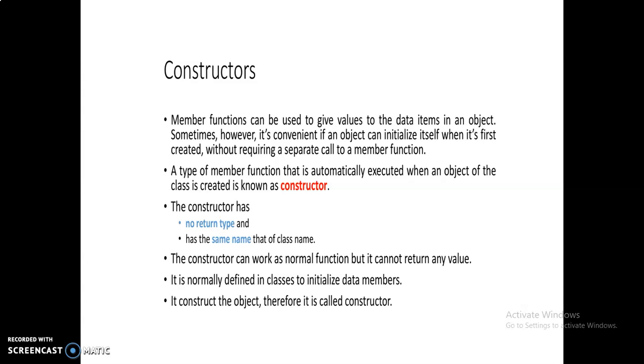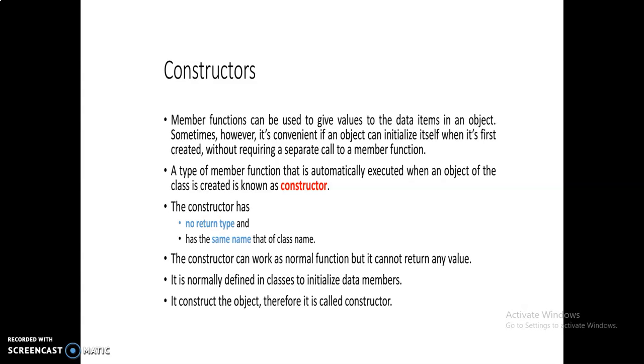So once again I repeat this. The main use of the constructor is that it is convenient if an object can initialize itself when it is first created, without requiring a separate call to a member function. A type of member function that is automatically executed when an object of the class is created is known as a constructor.